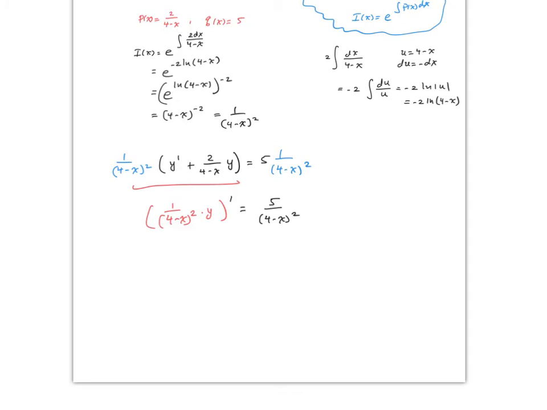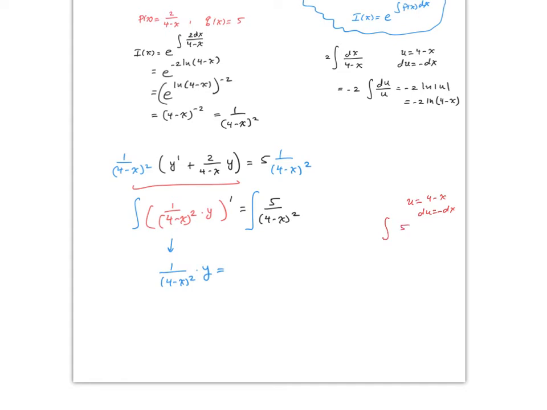Next, just integrate both sides, and remember when you integrate a derivative they cancel each other, so from this side you will only end up with 1 over 4 minus x squared times y. Now the integral of the right side, you can do a substitution again, so technically you could say one more time that u is 4 minus x, so the du will give you minus the dx.